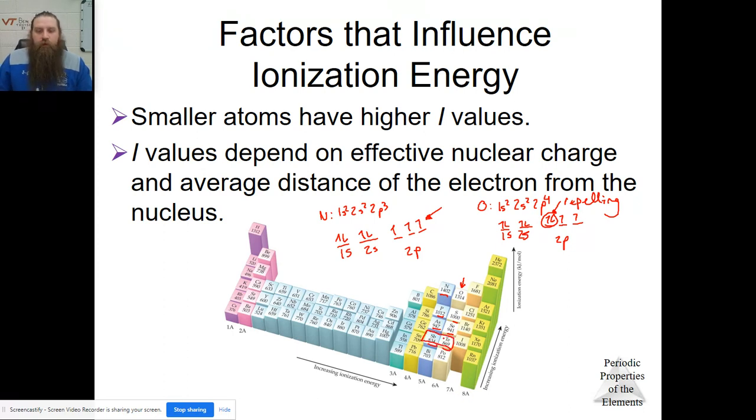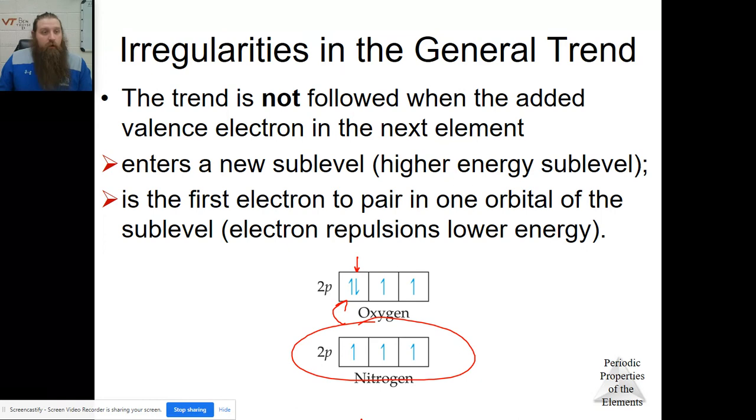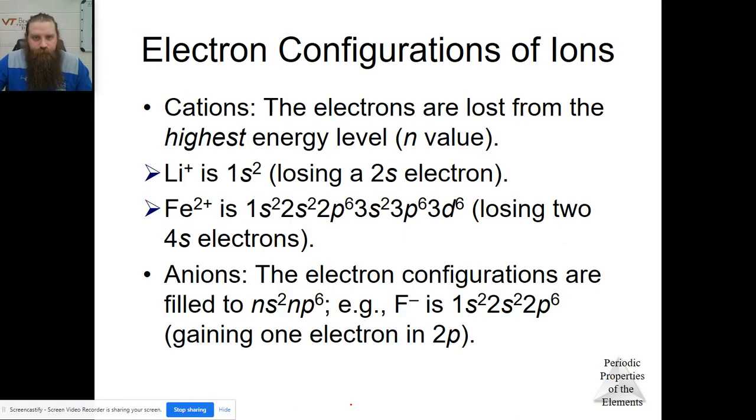So that would be an example of these little irregularities in the general trend. This electron is unhappy. It wants to be taken away. This is a much more stable conformation than that because there is less repulsion among the electrons.